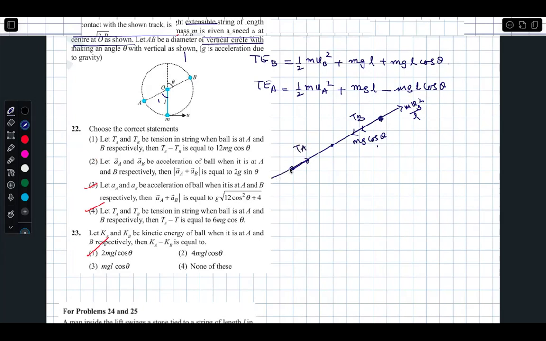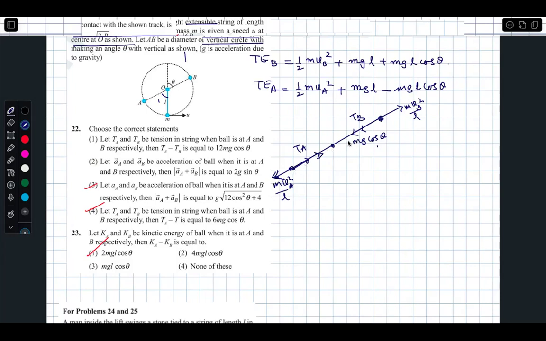Tension at A: m vA square by L. Better, you see, what is this?